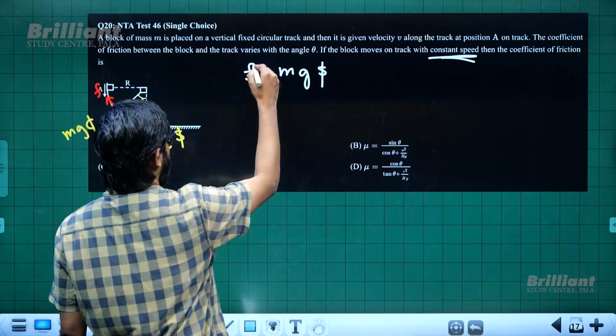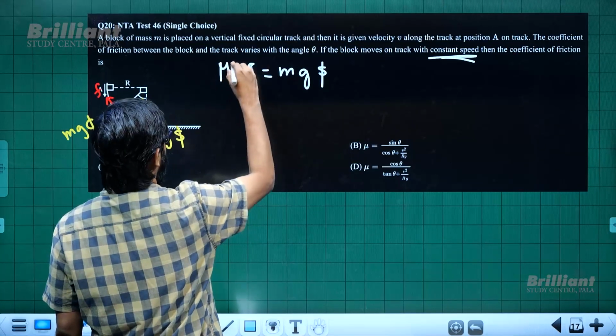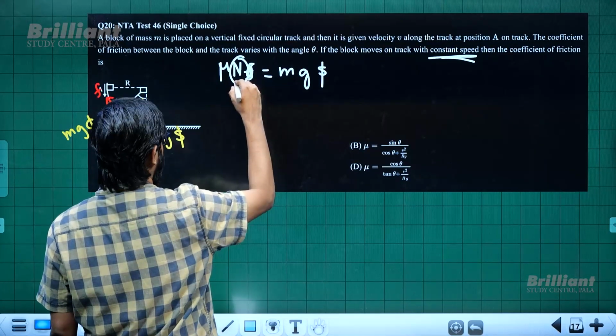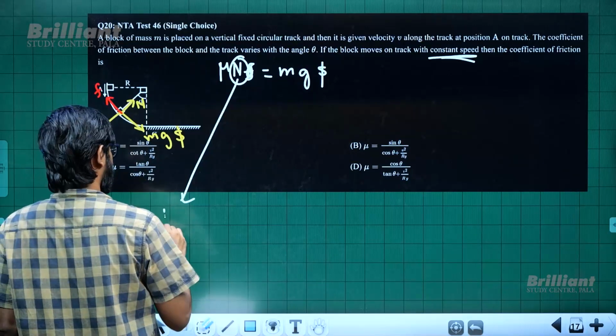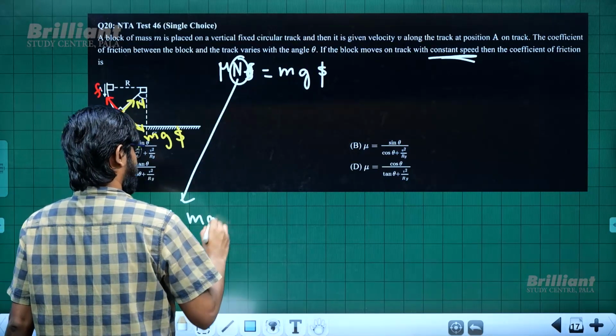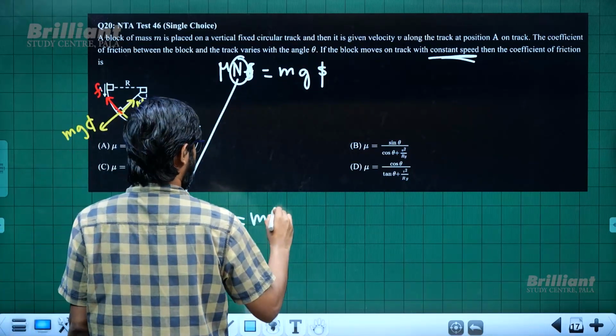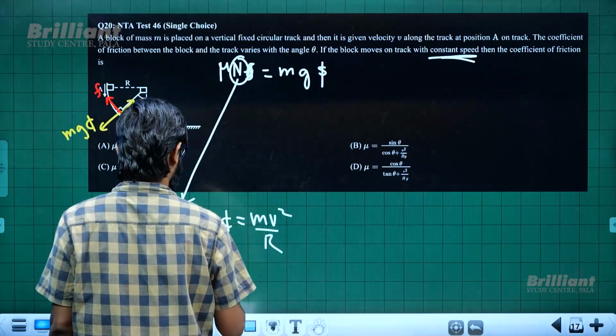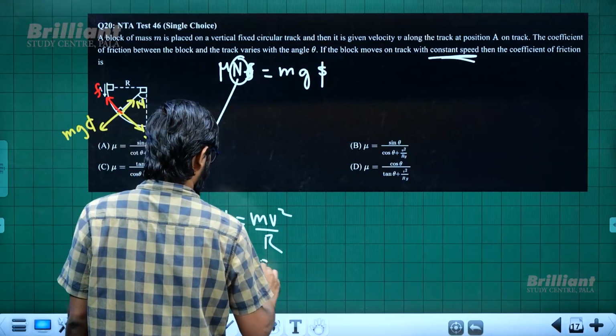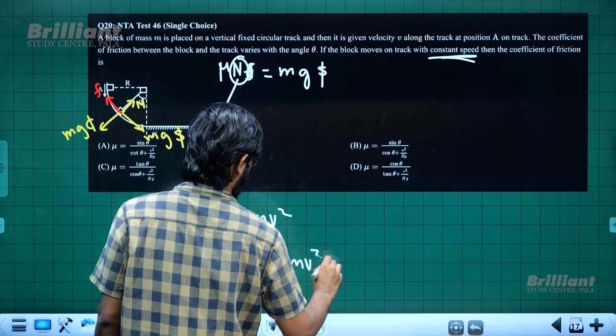And it is moving, so friction will be at its maximum value, which is mu into n. Now we need to find n. How can we find n? Centripetal force: n minus mg cos theta equals mv square by r. So n equals mg cos theta plus mv square by r.